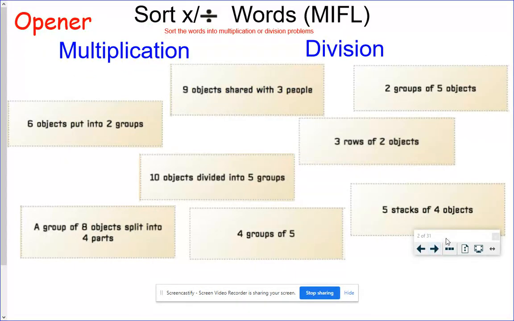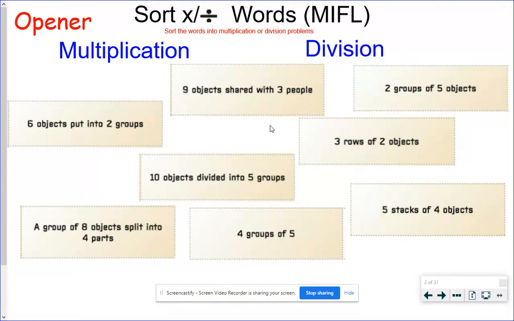We started out with an opener that was a sort. Students took these strips of paper and grouped them either as a multiplication word problem or as a division. So I just wanted to do that so you could see what they were looking at.